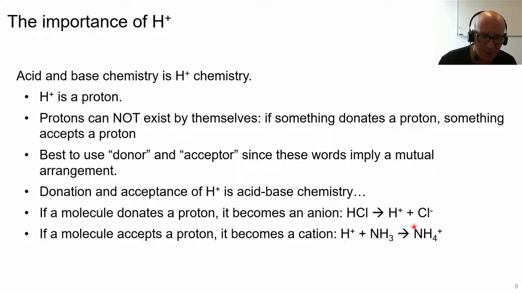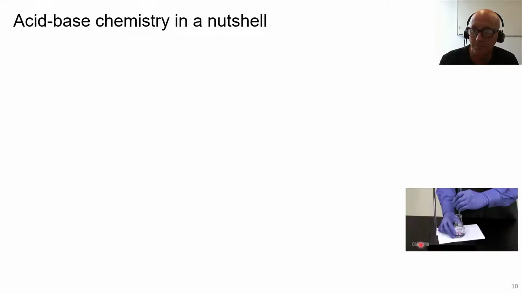This one has more than one atom, so it's polyatomic, as you've already encountered previously, and it has a charge on it, so therefore it's an ion. So this is a polyatomic ion. In this case, of course, it's a polyatomic cation. So that's just getting our heads around protons.